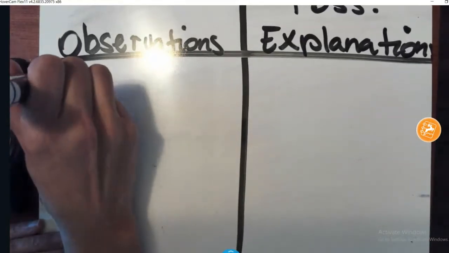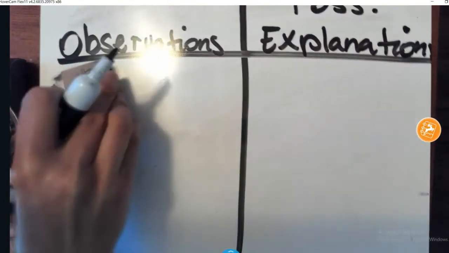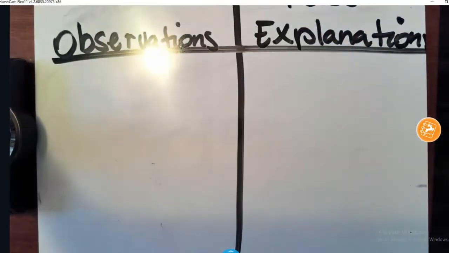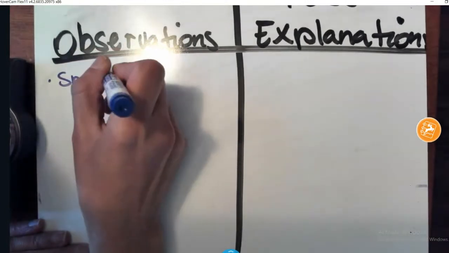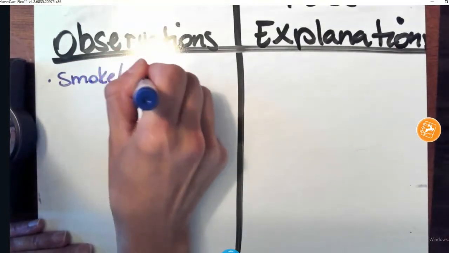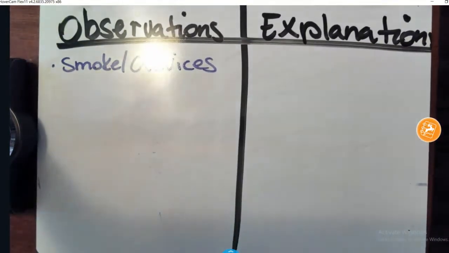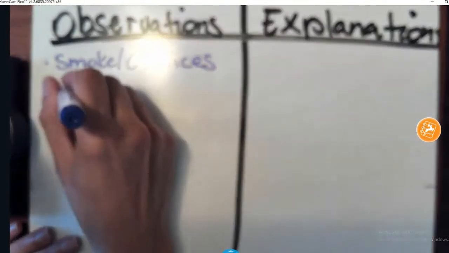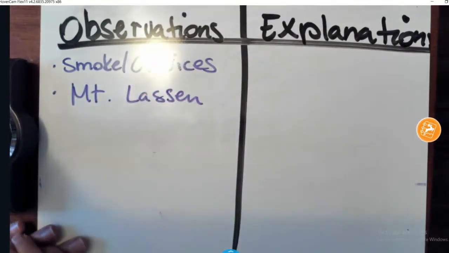Smoke. Let me use a different marker. This board is very small and the marker is very thick. Okay, some smoke, and it's coming from crevices. Then the other observation is that it's Mount Lassen.